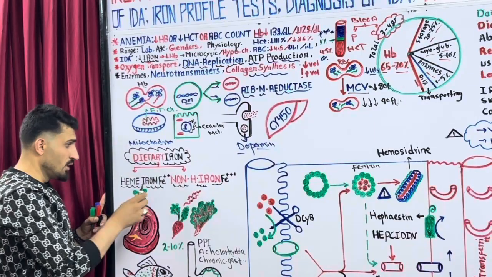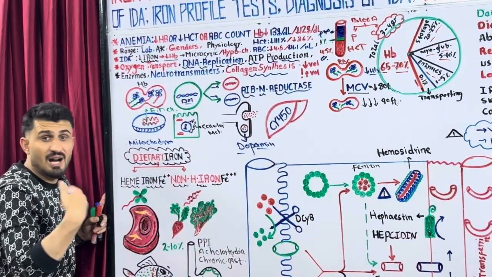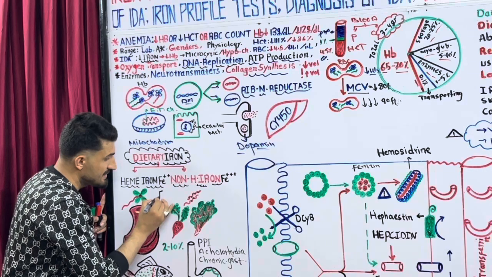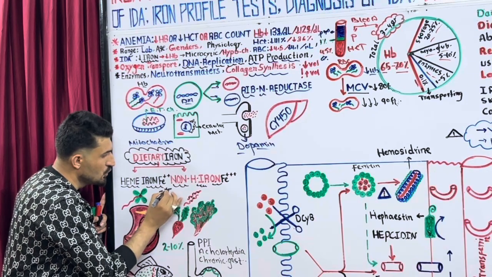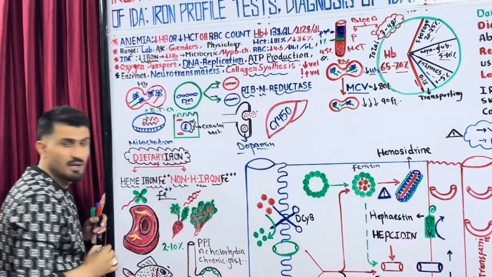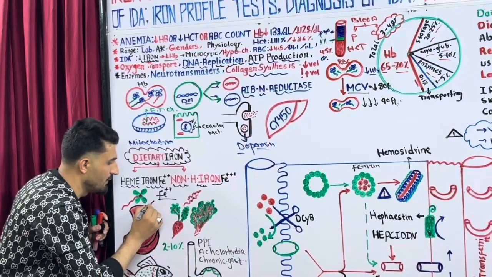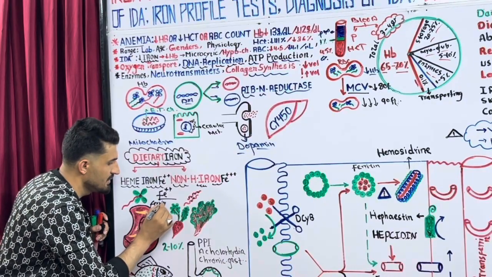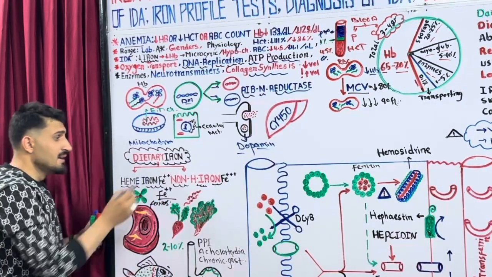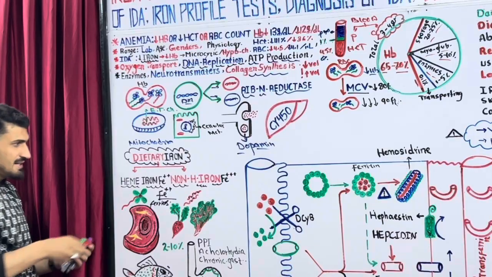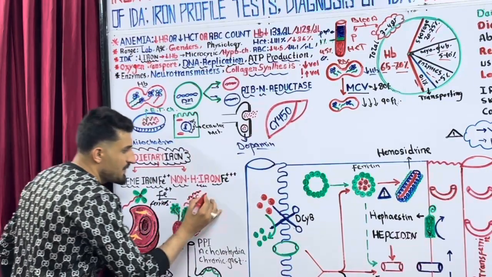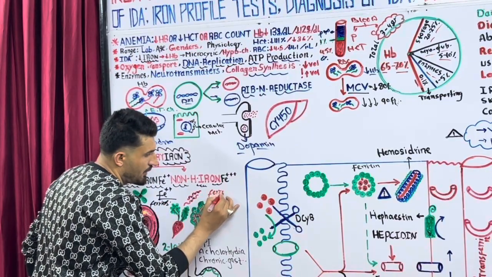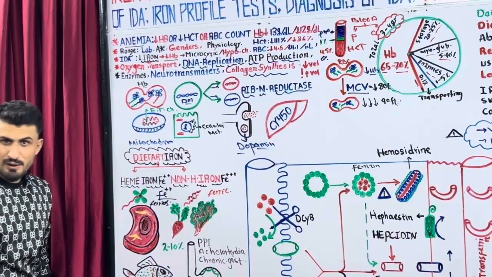This type of iron, heme iron, is Fe2+, which is called the ferrous form. And non-heme iron means it's not inside the hemoglobin. This is called the ferric form.